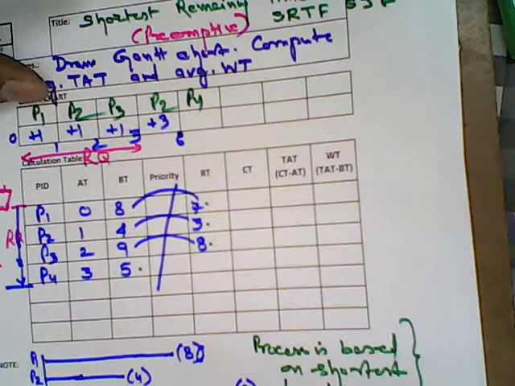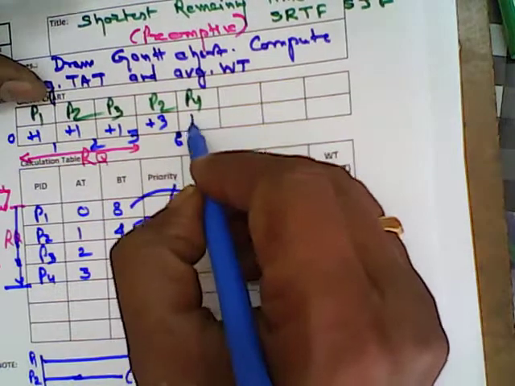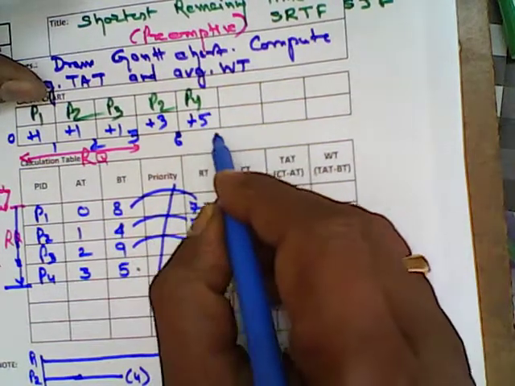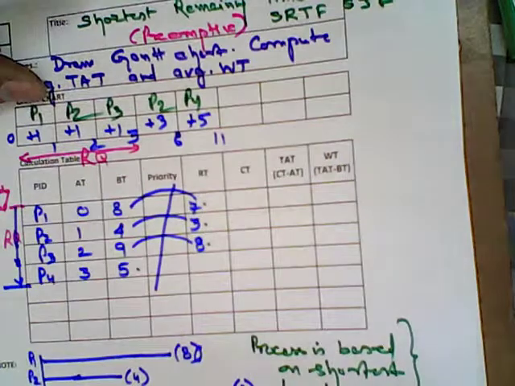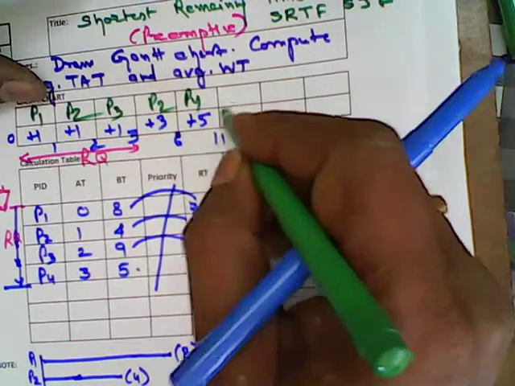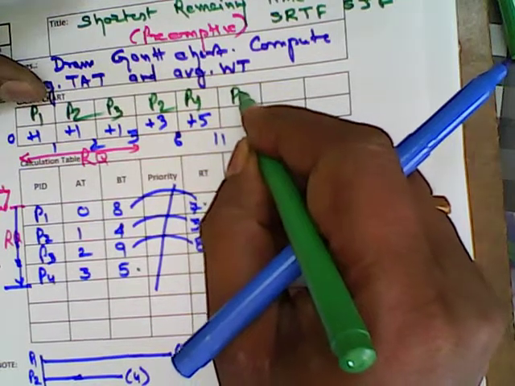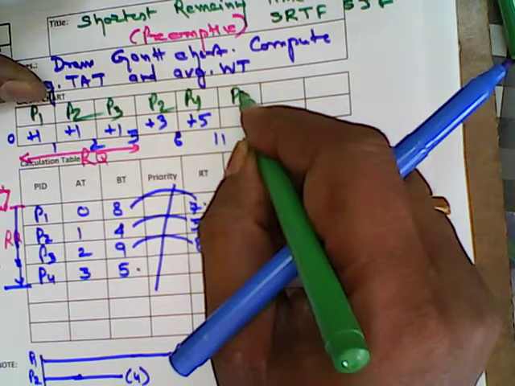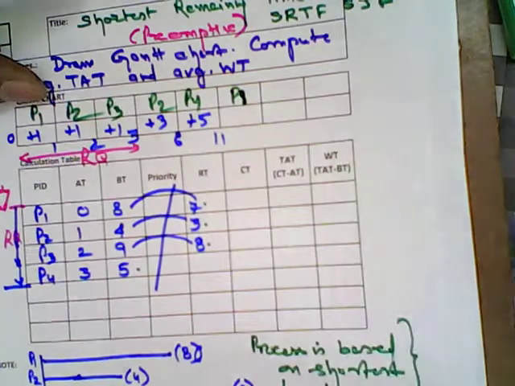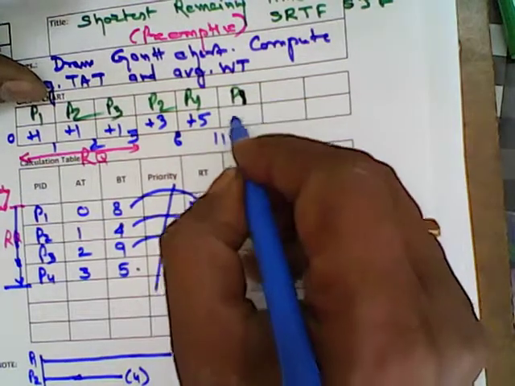So +5 means 11. After P4, what is going to compute? P1. You just see 7 is there. So it is going to add 7, which means it is going to become 18.